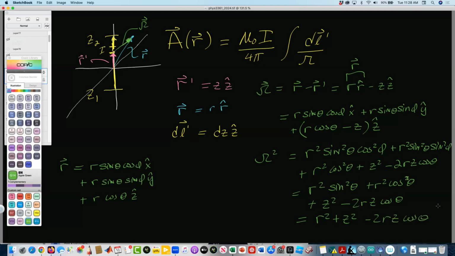I want you to notice that the pedantic approach got us to where we would have gotten if we thought about the law of cosines, right? Does this make sense? And the angle between r and r prime, so this right here is theta, spherical coordinates, yeah?